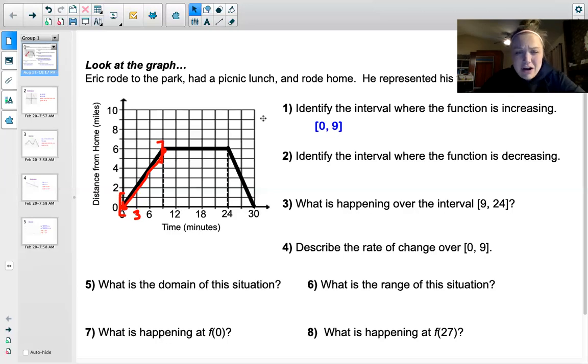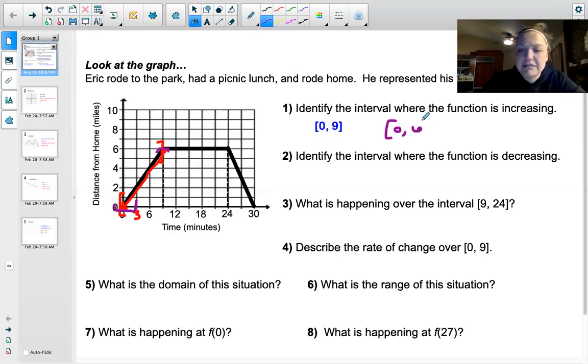Then I often get a question, my favorite mistake on these problems. Sometimes people instead try to do it like this. They say, well, that's from 0 up to 6. And they try to say 0, 6. Oh boy, that was a bad 6. This is a very common mistake.